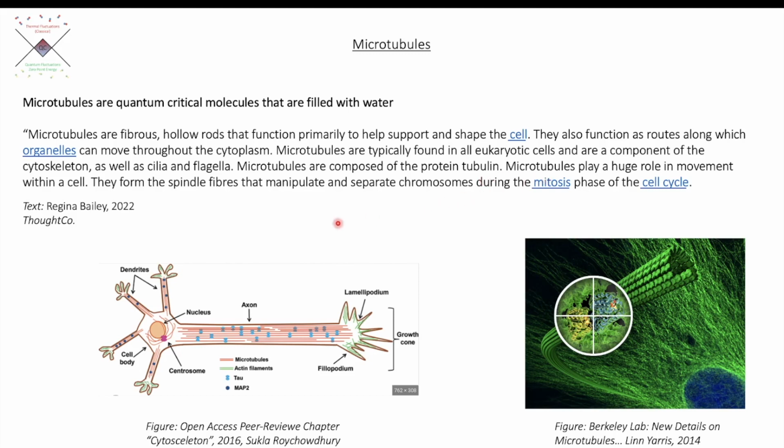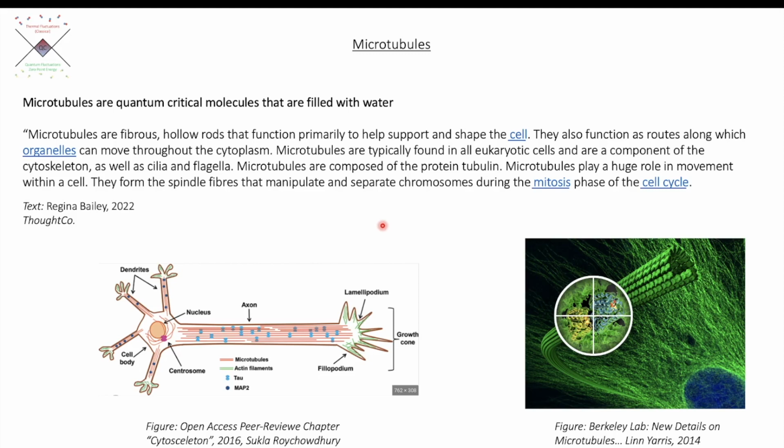Microtubules play a huge role in movement within a cell. They form the spindle fibers that manipulate and separate chromosomes during the mitosis phase of the cell cycle. So these microtubules are running the show to a large part. They are determining what is being transported to what part in the cell at what point in time.